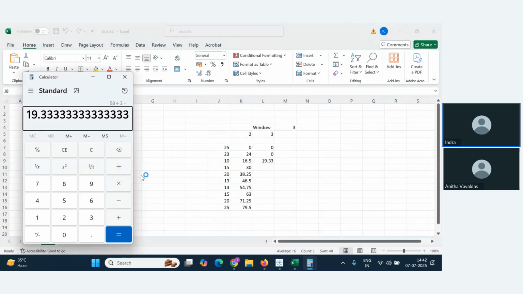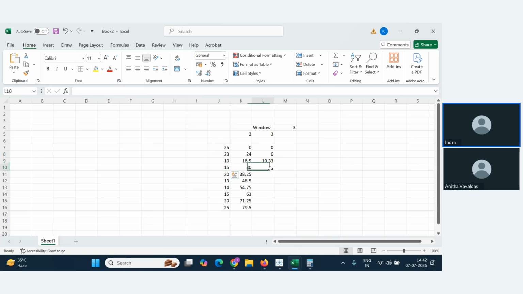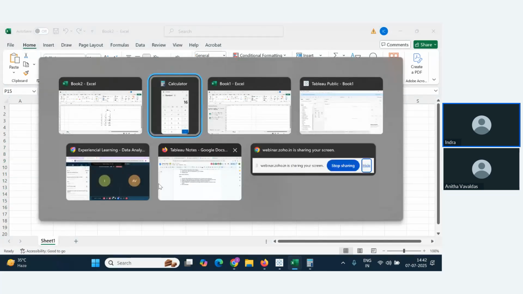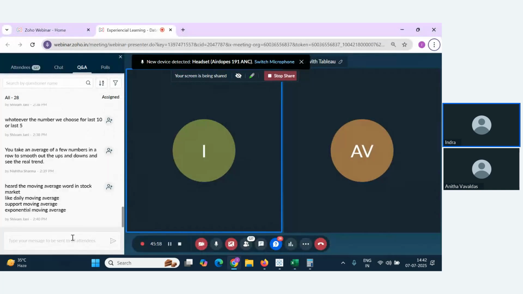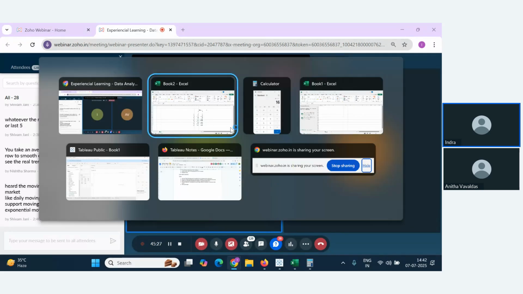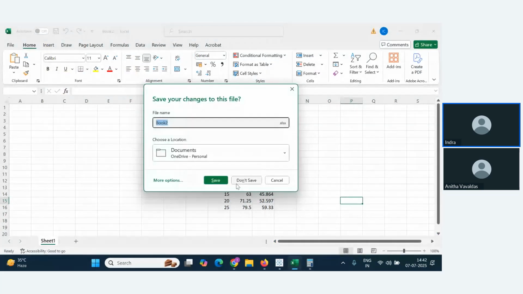Now 48 divided by 3 is 16. In a similar way, all other values will get calculated. Got it? This is moving average. Basically, we do it to smooth out the ups and downs in the graph in real time. All right. Let me close this.